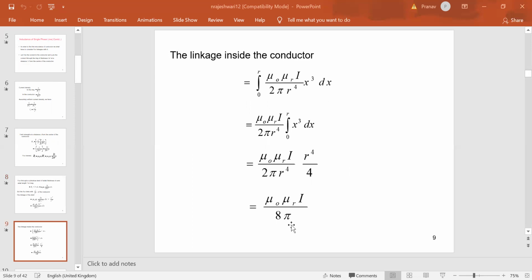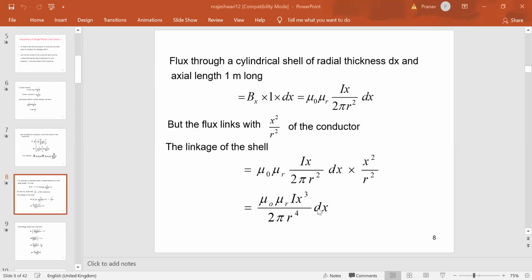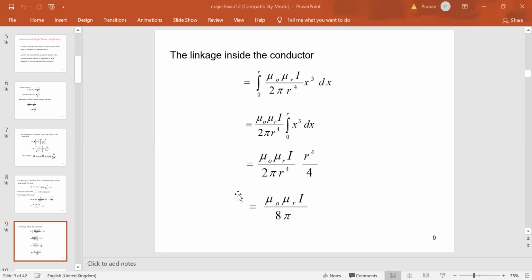The linkage inside the conductor will be obtained with the integration of these linkages with the limits 0 to r, where r is the upper limit of the conductor and 0 is the lower limit. By integrating these flux linkages, we will get the linkage inside the conductor.